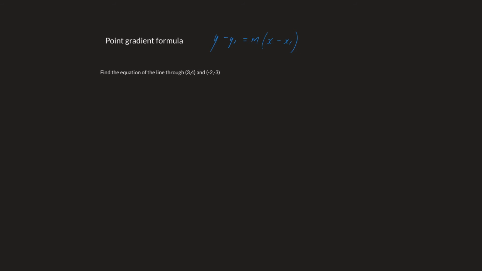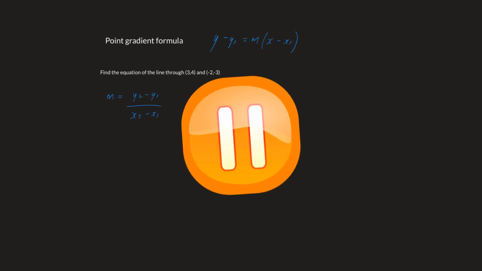Okay, to start with, I need to find the formula for the gradient. So remember m equals y2 minus y1 over x2 minus x1. So what I want you to do is to pause the video now and have a go at finding the gradient for this particular line.